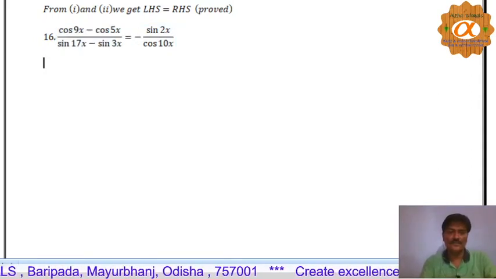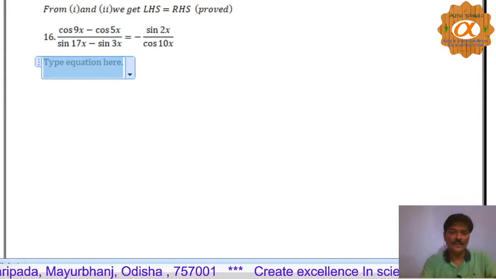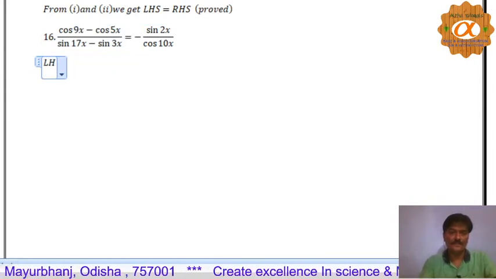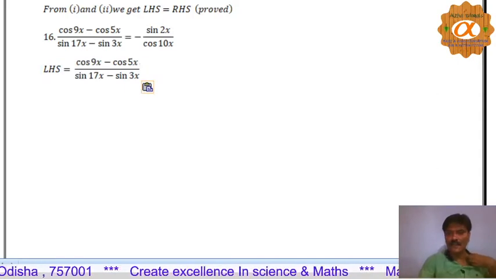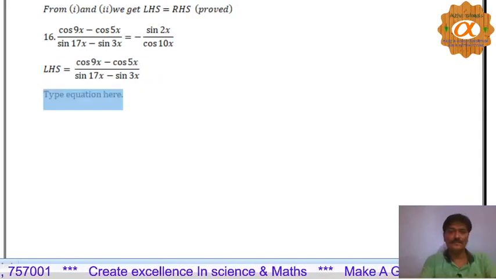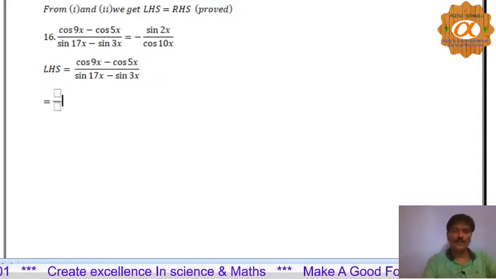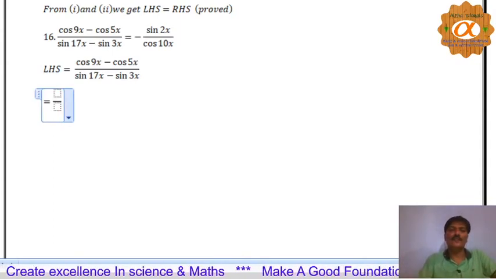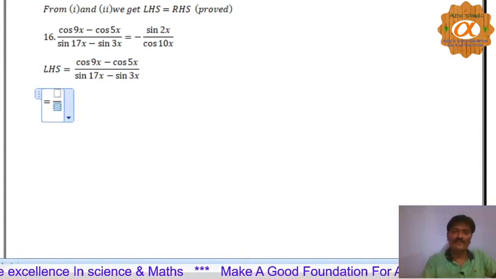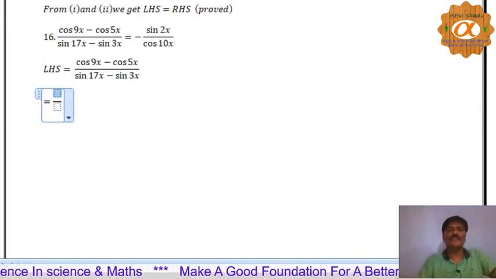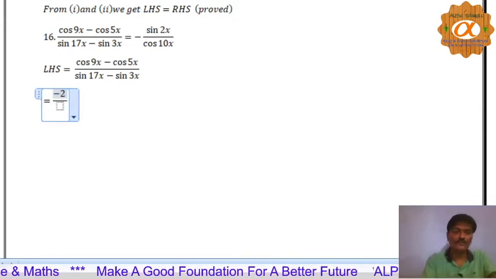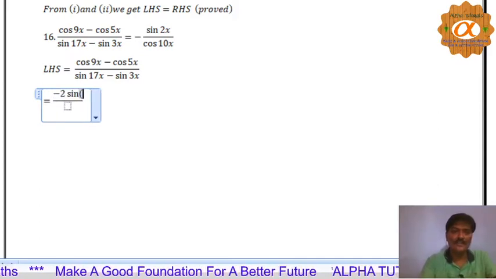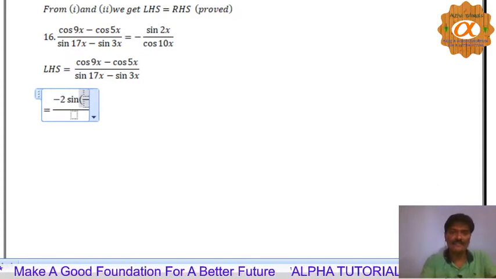Here LHS is equal to, now I am applying the formula both on the numerator and denominator. In the numerator I have cos A minus cos B, and cos A minus cos B is minus 2 sin A plus B by 2 and sin A minus B by 2.